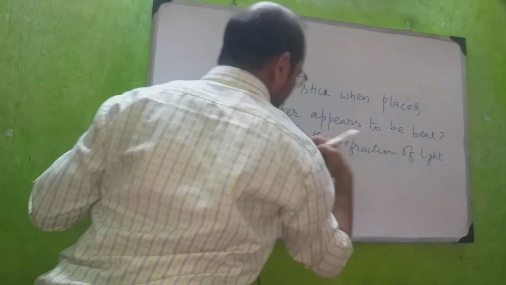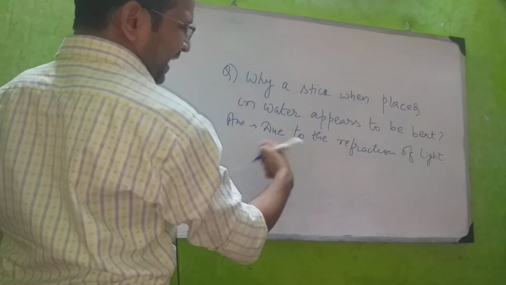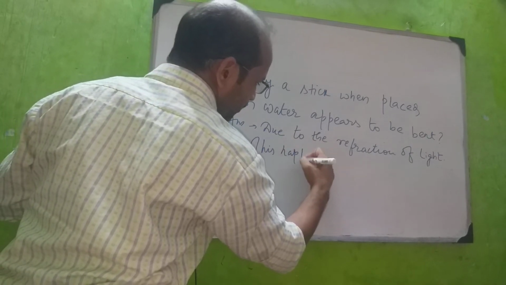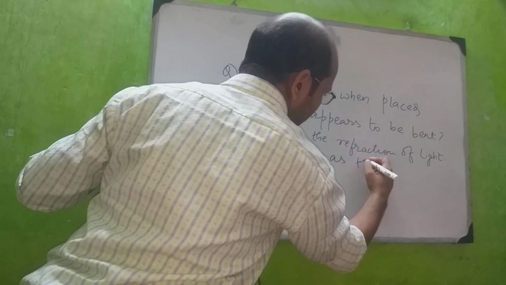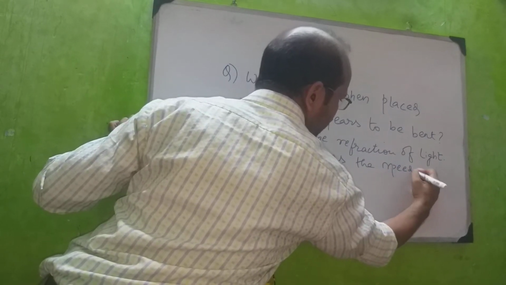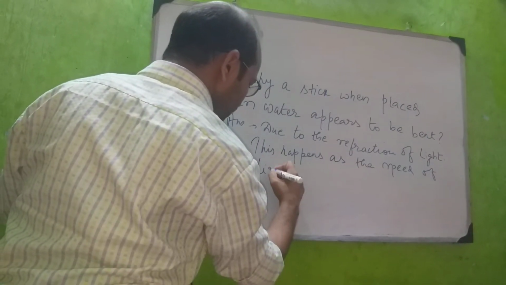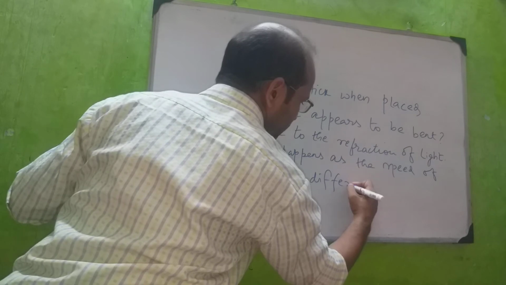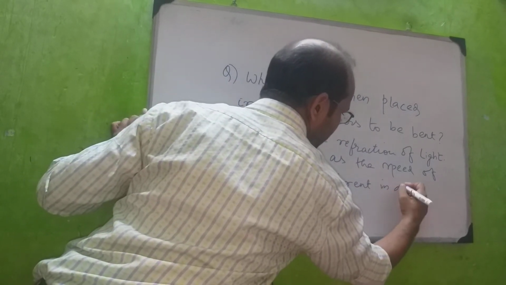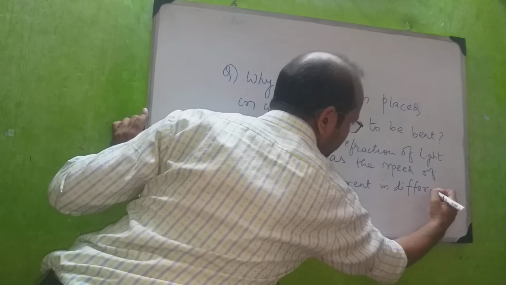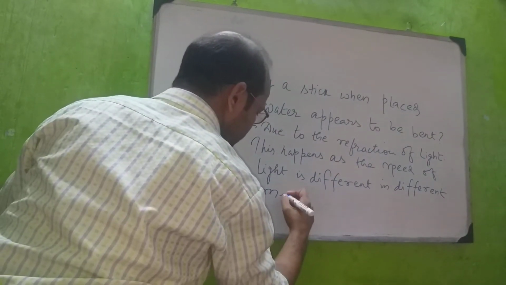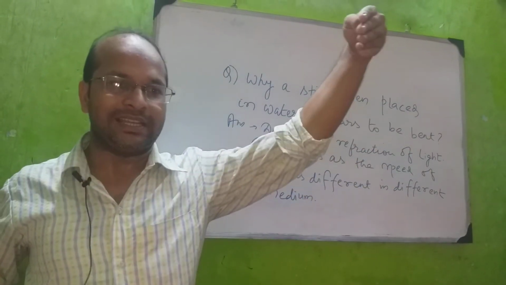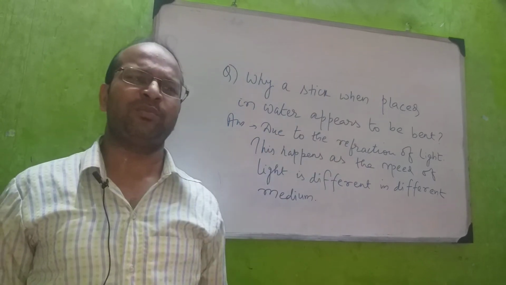Okay, why? Because this happens as the speed of light is different in different media, or medium. Suppose light is traveling in air or in vacuum; air and vacuum are more or less the same thing.